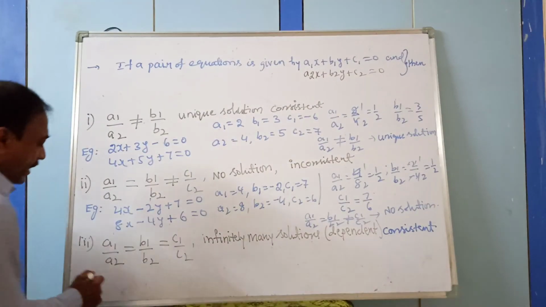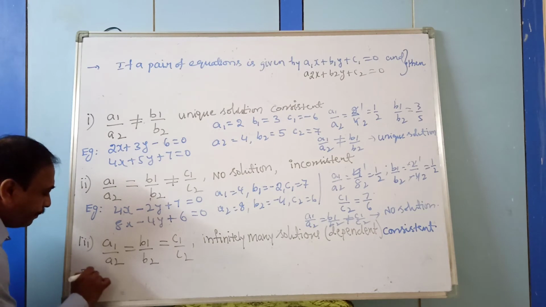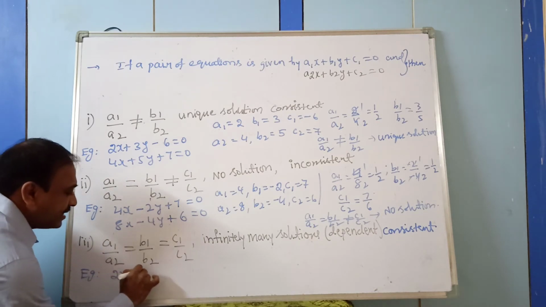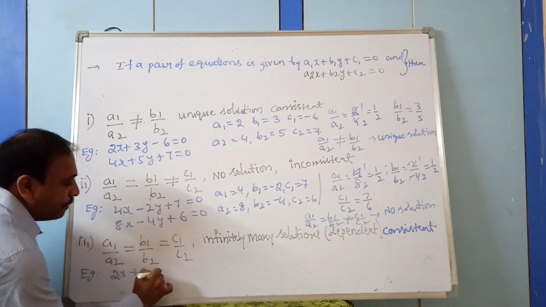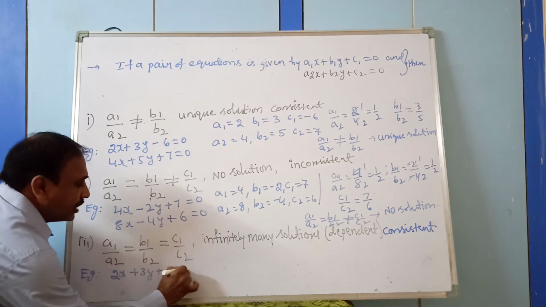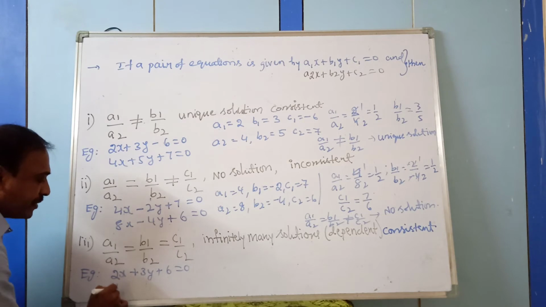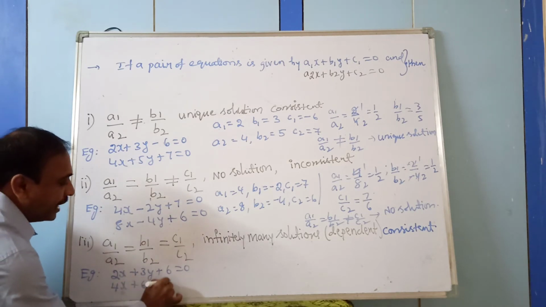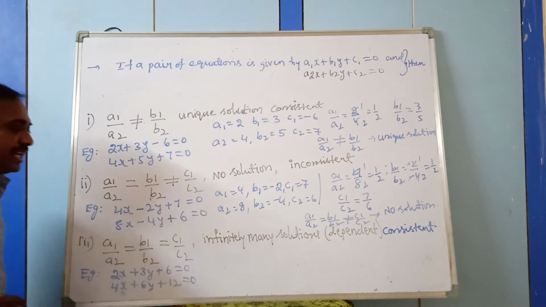You see this example here. The first equation is 2x plus 3y plus 6 equal to 0. The second equation is 4x plus 6y plus 12 equal to 0.